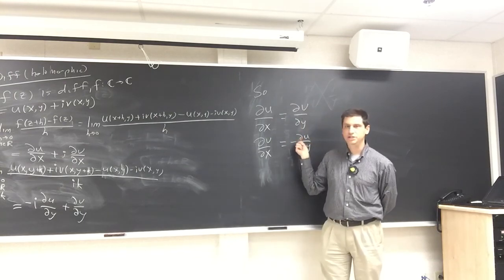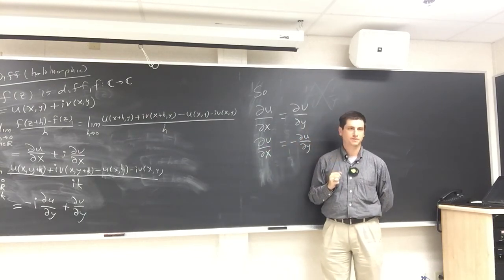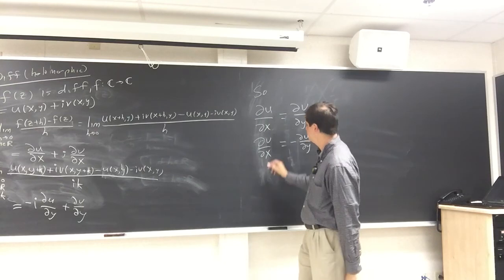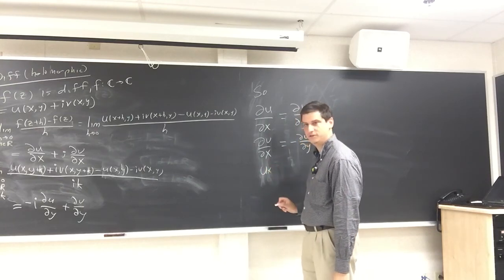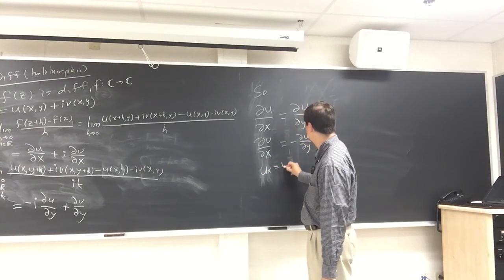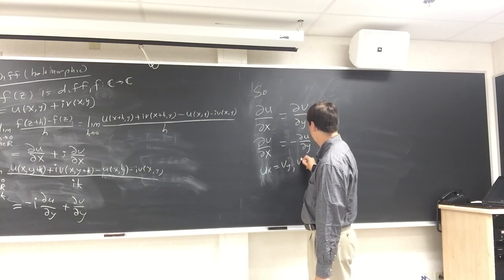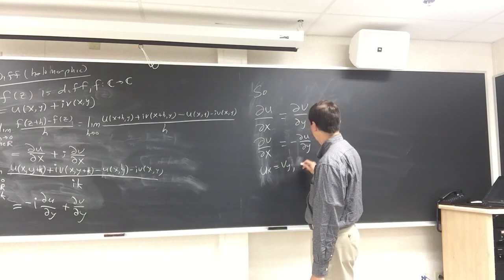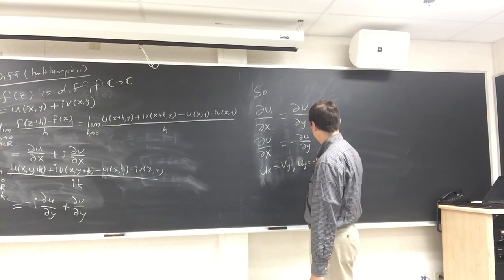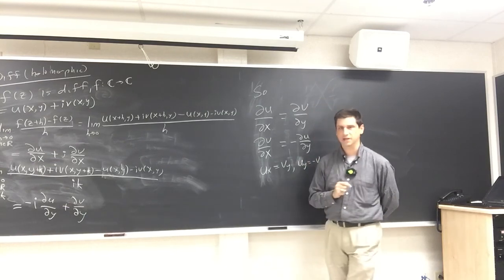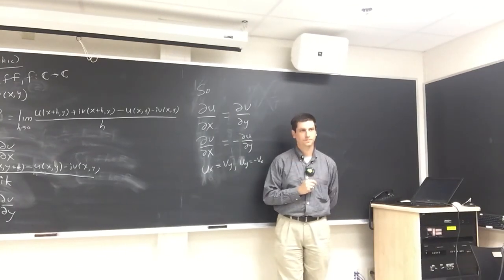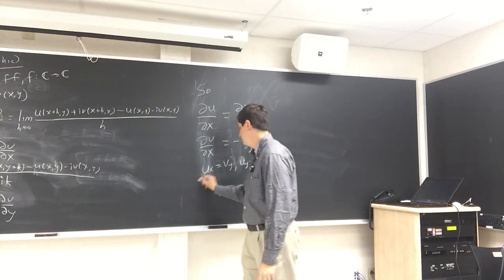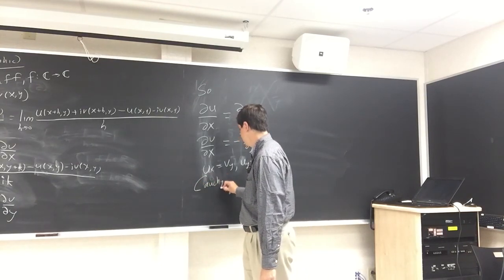Or I could write du/dy equals negative dv/dx. Sometimes they're written more concisely as u sub x equals v sub y, and u sub y equals negative v sub x. That's the more concise way. So these are called the Cauchy-Riemann equations.